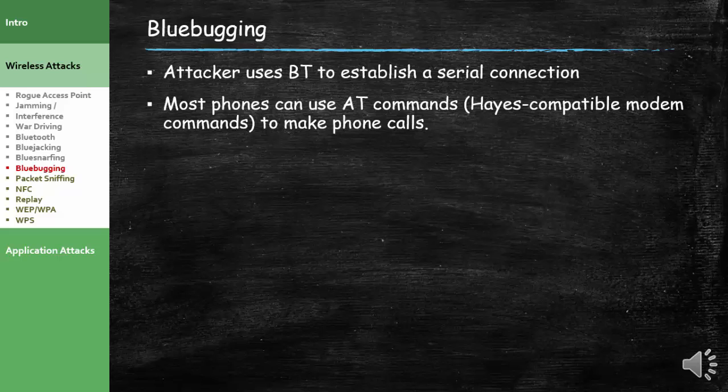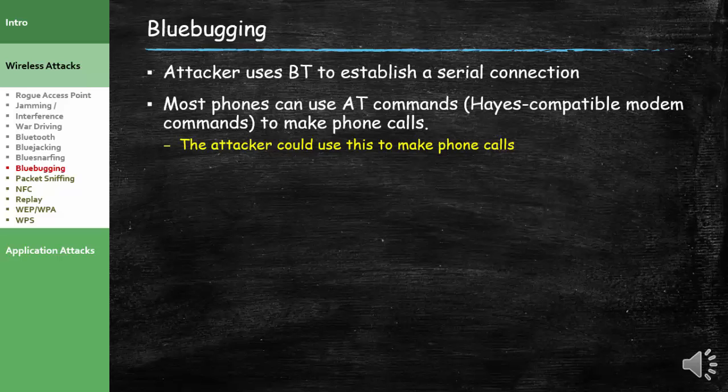So if you can establish that Bluetooth connection, you can use somebody else's device to make a phone call, basically. Of course, you have to be in close proximity. It's not like you could do this from a mile away, unless you had a really powerful Bluetooth transmitter, I guess. But I'm sure somebody out there has figured out how to do this.